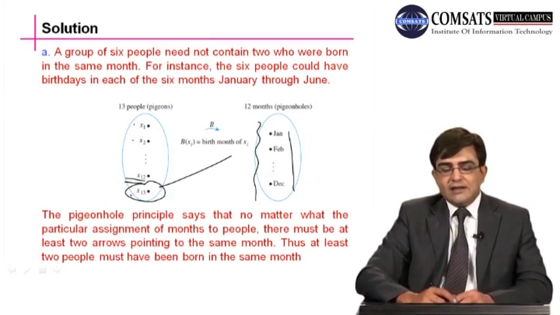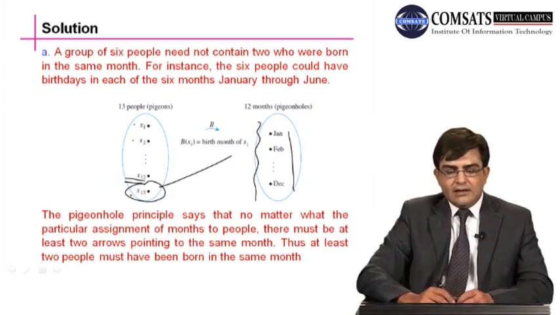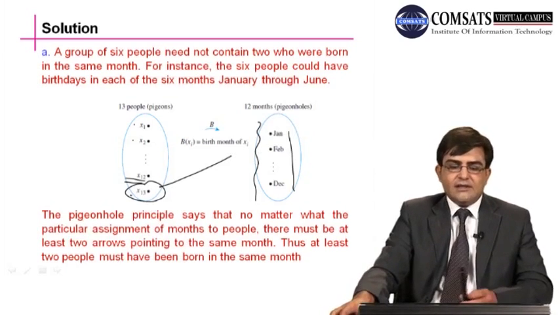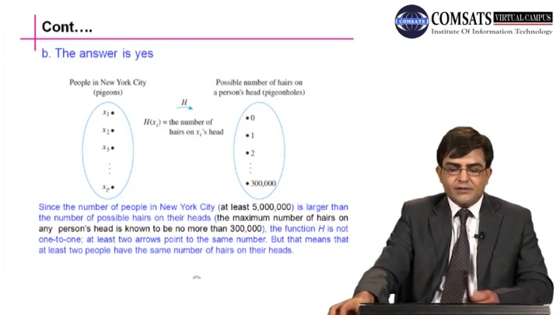Then we can see that there must be at least 2 people who were born in the same month. So by using the pigeonhole principle, 2 people must be born in the same month. This is basically what the pigeonhole principle says.